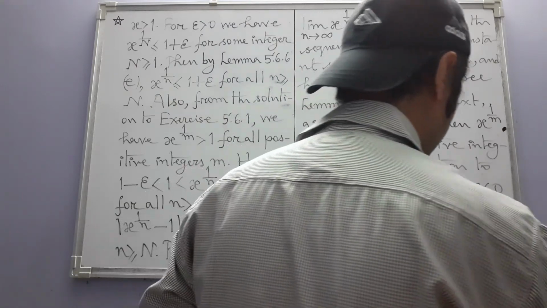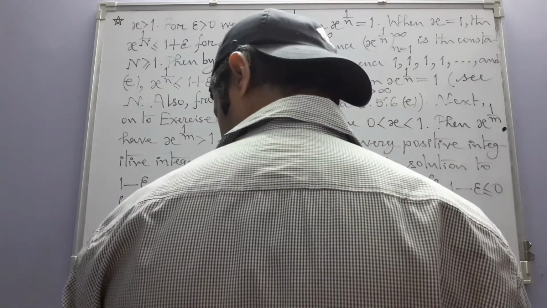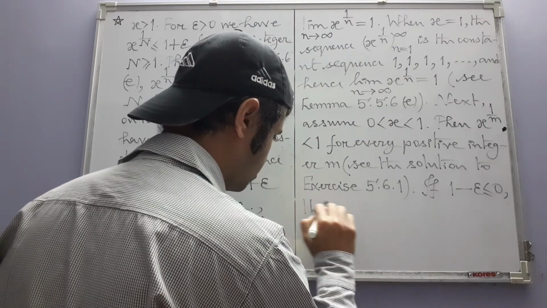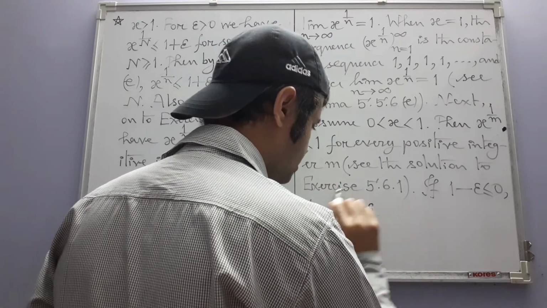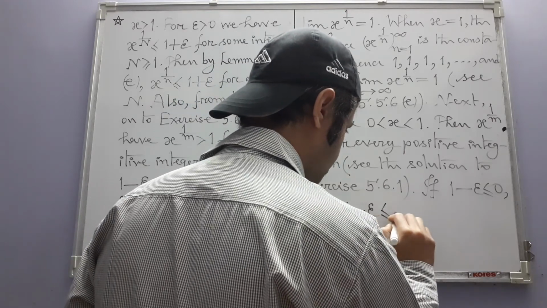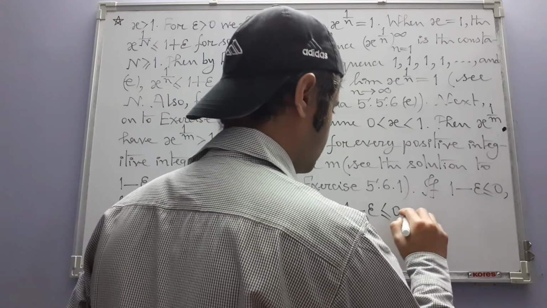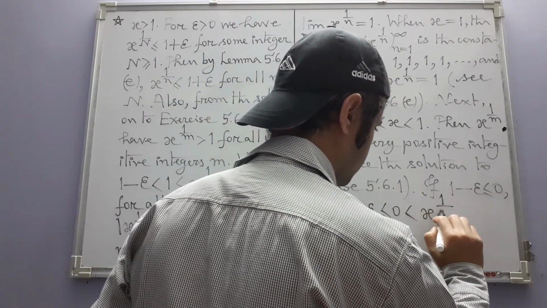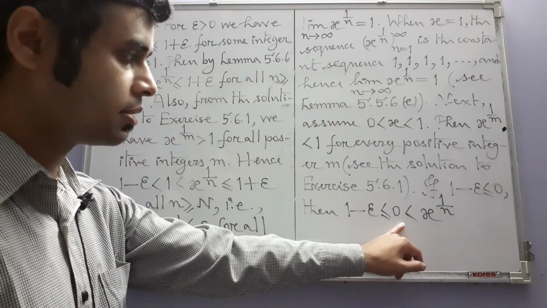So if this happens, then our job is easy. Then, because now 1 minus epsilon is less than or equal to 0, and the nth root of x is of course greater than 0.